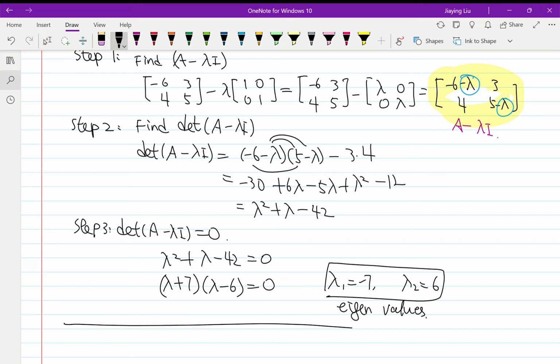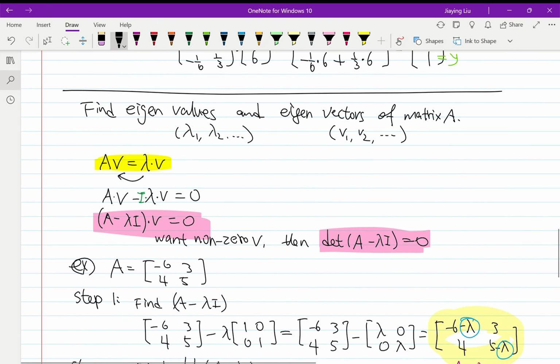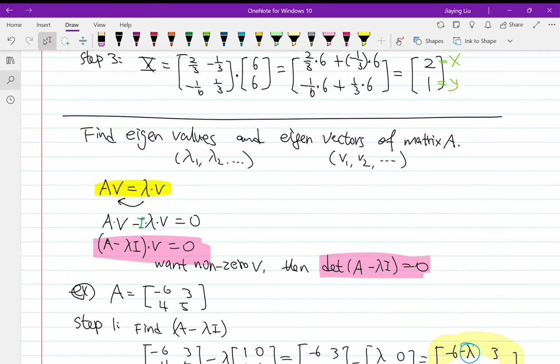So that's finding eigenvalues. Now we can find eigenvectors. Basically, what we do is we find the v that satisfies Av equals lambda v, or we find a v that satisfies this one, A minus lambda I times v equals 0. Usually we use this equation instead of the original one because we have a 0 here.